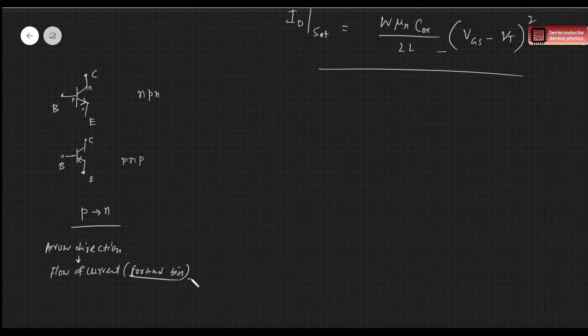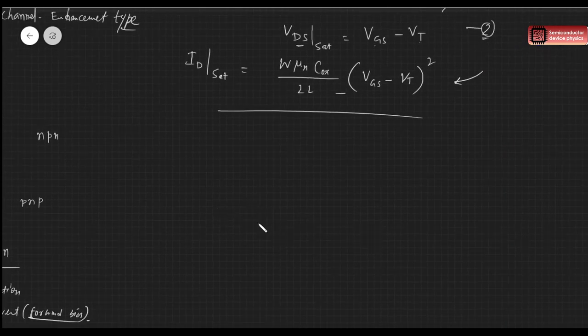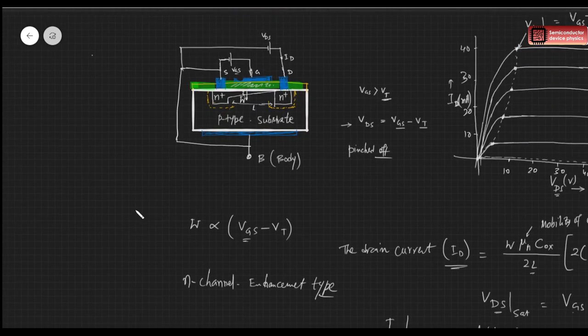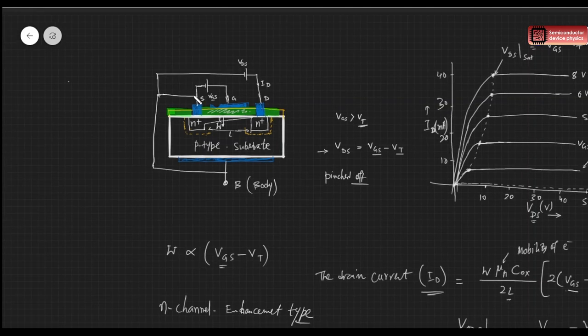Now we'll see this for the MOSFET. As you can see here, we have different terminals, right? We have source, gate, drain, and body. And in normal operation, most of the time we short the source and the body with a wire, right? They are usually shorted.